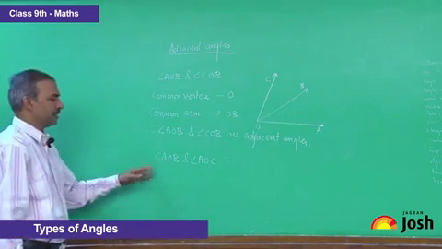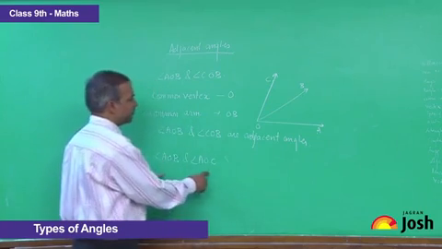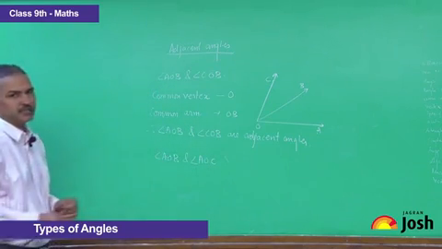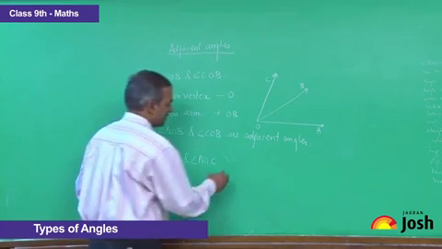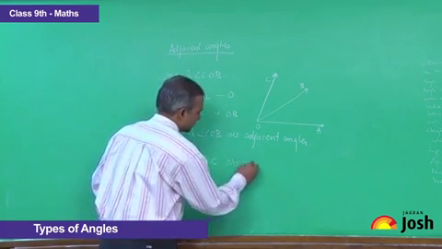That is why angle AOB and angle AOC, in spite of having a common vertex and a common arm, cannot be considered adjacent angles.